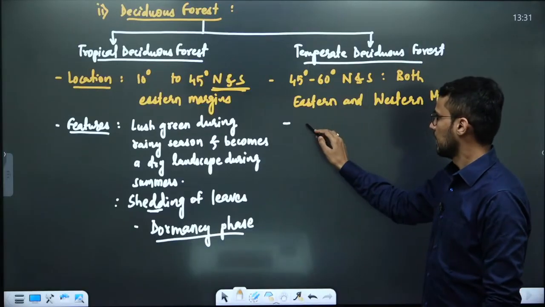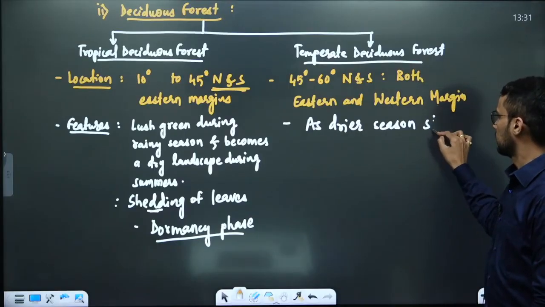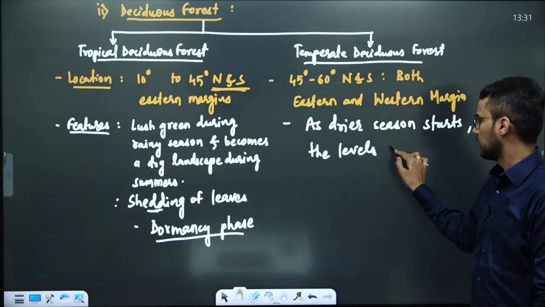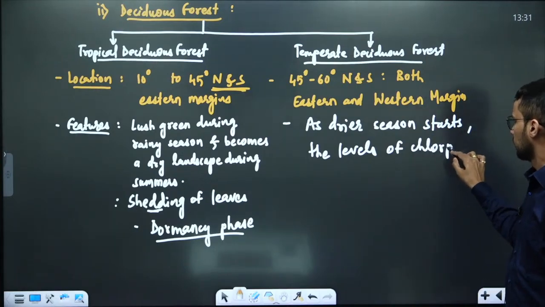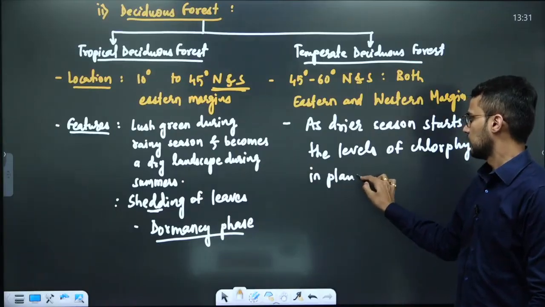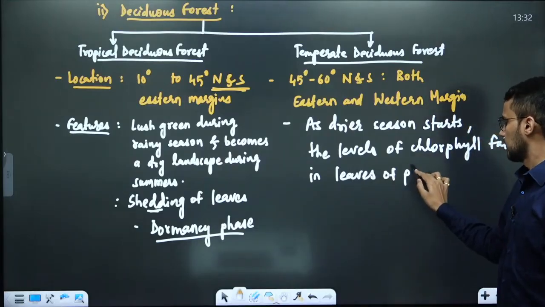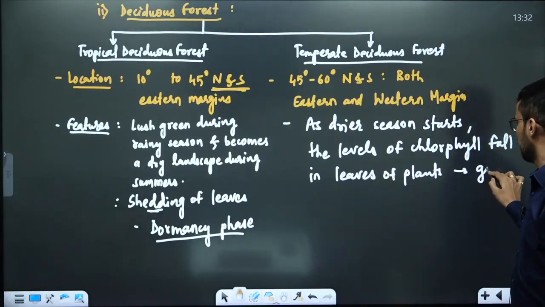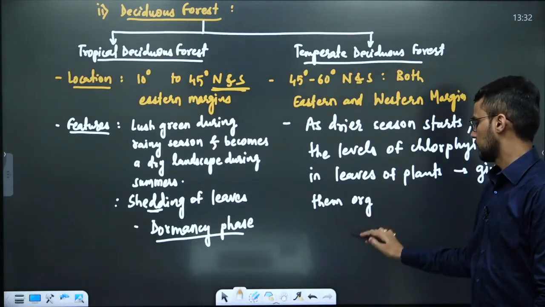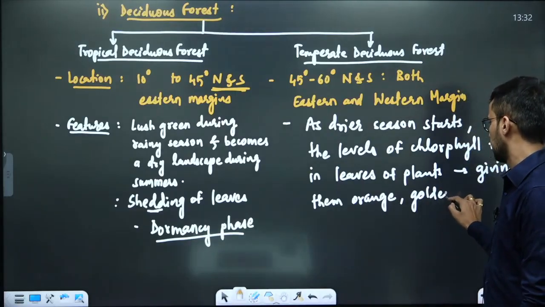Next, as drier season starts, the levels of chlorophyll fall in leaves of plants, giving them orange, golden colors.